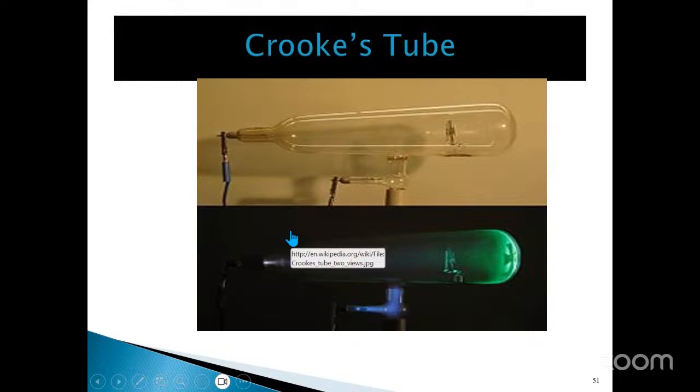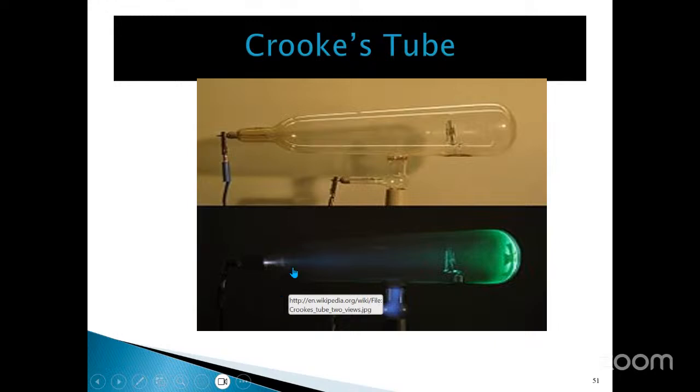When you flip the switch, you see a stream of particles emanating from the negative end, or the negative pole, to the positive pole. They're energetic enough to hit the walls of the tube right here, and it fluoresces. That's the term used to describe what happens when the negatively charged particles hit the wall of the tube: it lights up. So the first thing one could say about the particles is that they're negatively charged.